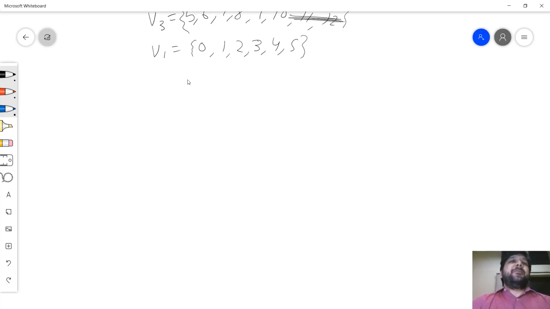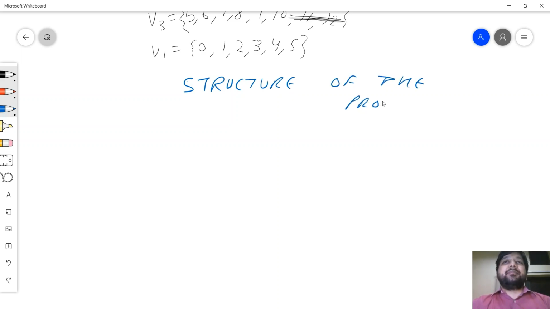This time we will be exploiting what is called the structure of the problem. So we'll try to see if there's something that can be exploited as a structure.